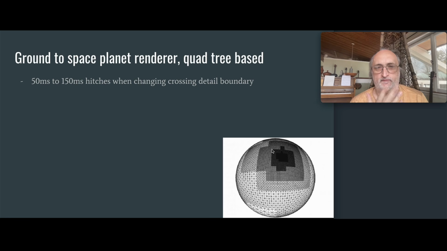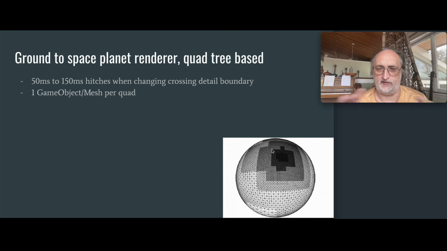And what I noticed right away was these large hitches when you were crossing detail boundaries, and it would have to recompute. And these would get worse if you were flying really fast, right? And it had to compute more levels of detail. And they were generating, basically for each of these little quads, a game object and a mesh for it.